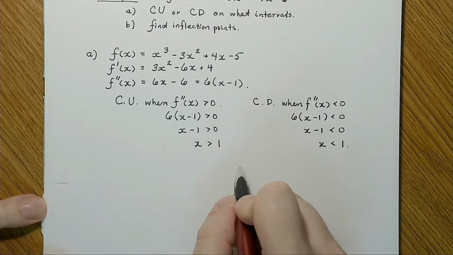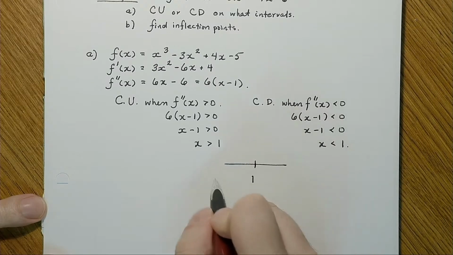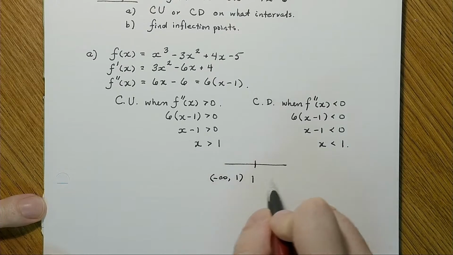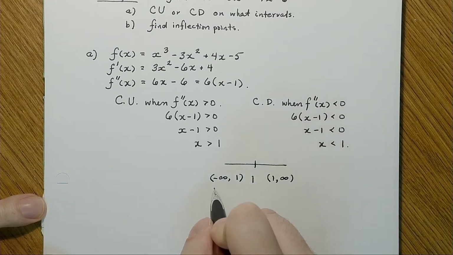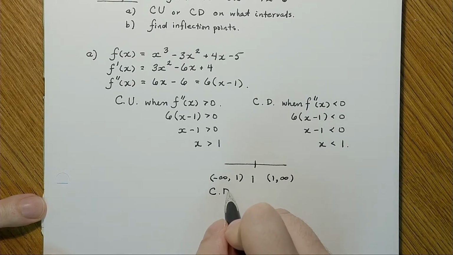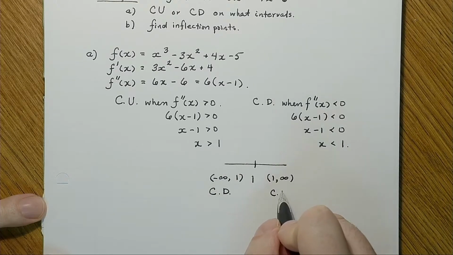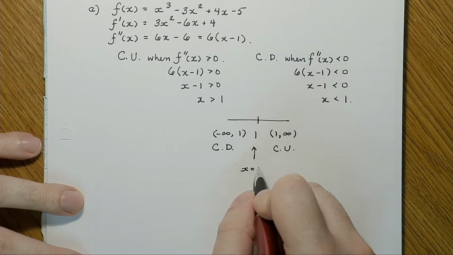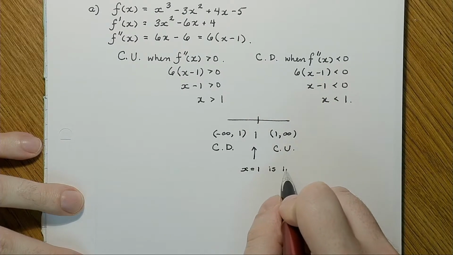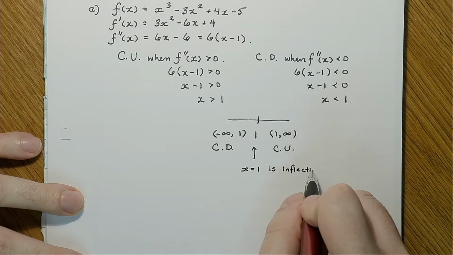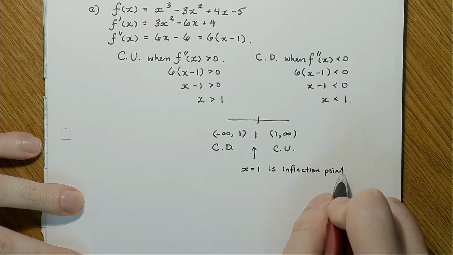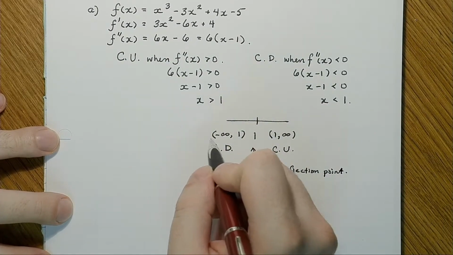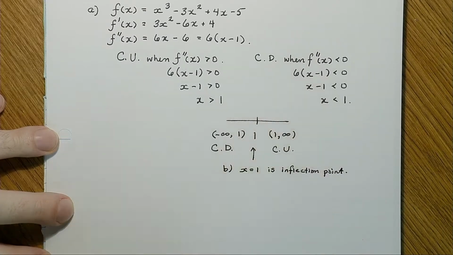So what you actually get then is that at 1, when we're looking at these intervals, this is concave down, and this is concave up. And because it switches, x equals 1 is an inflection point. So for that, I've answered A, and I get B for free.